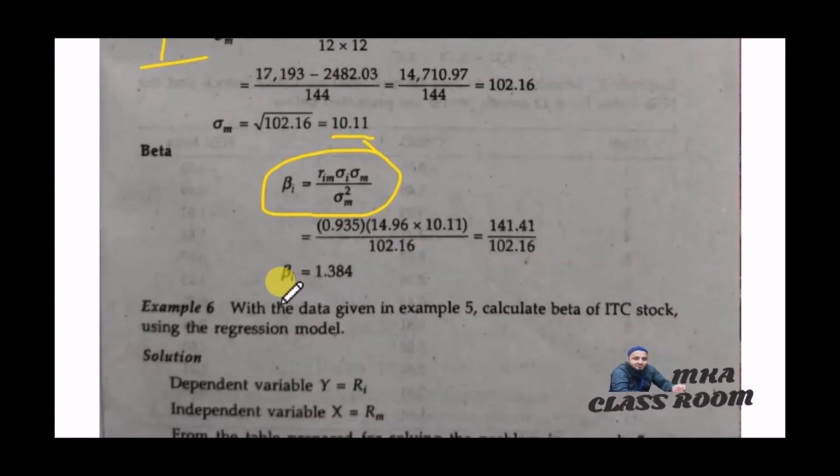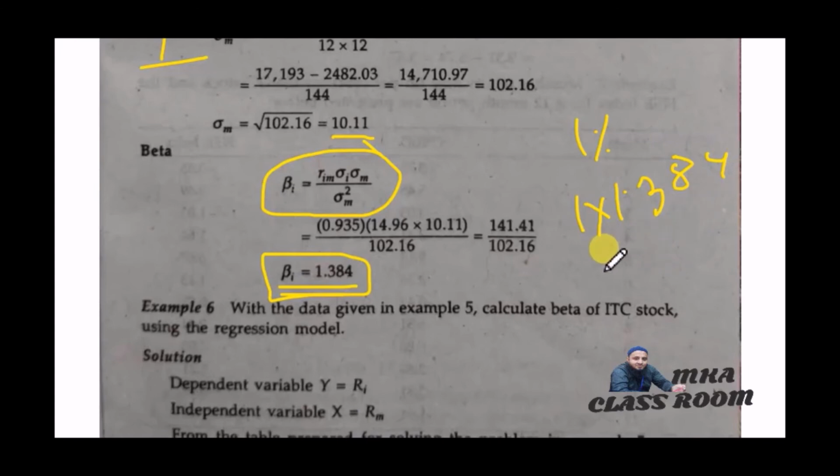So we can get the beta 1.38. This is our beta. So this beta says that if our market changes by 1%, this stock will change 1.384%.